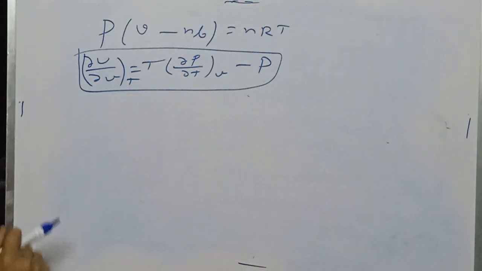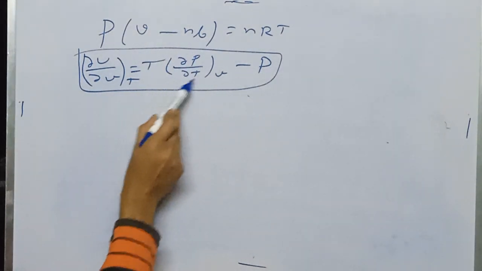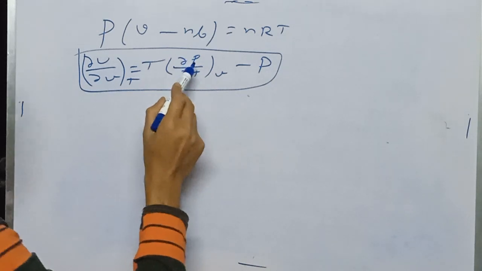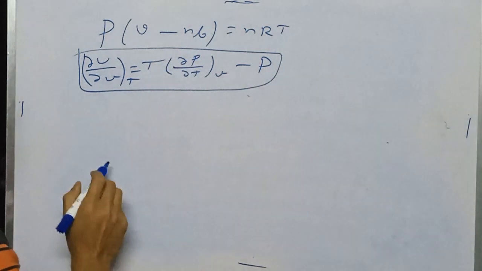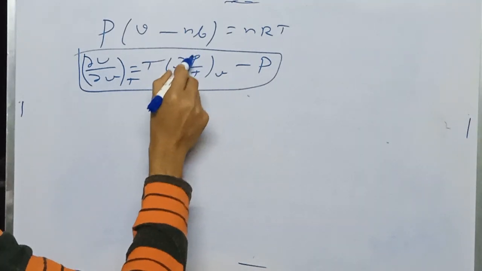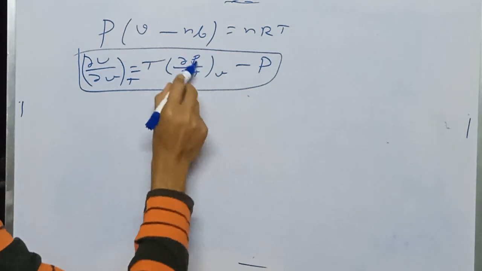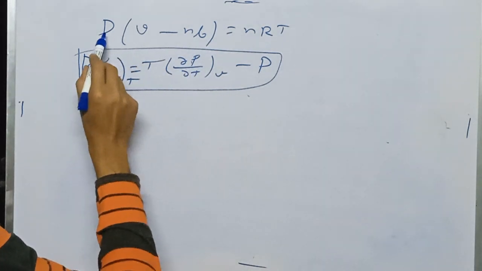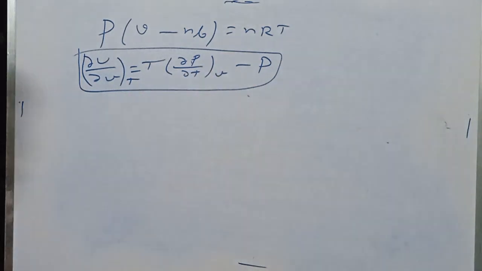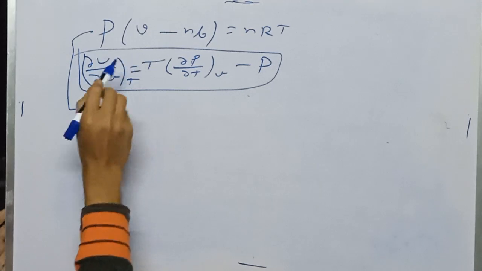So here we need to obtain the value of del P del T V first. Here only pressure is differentiated with temperature. So I must start from this equation.